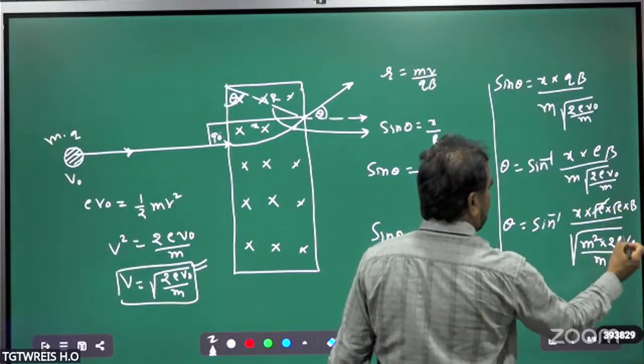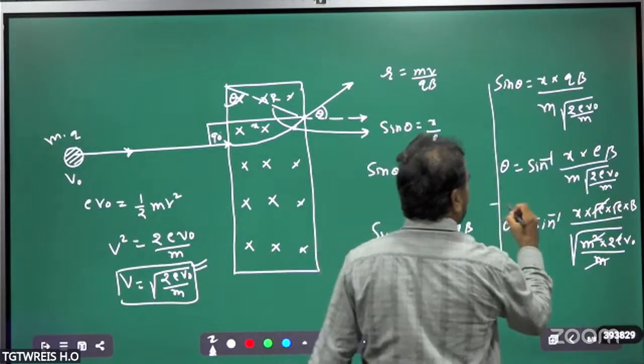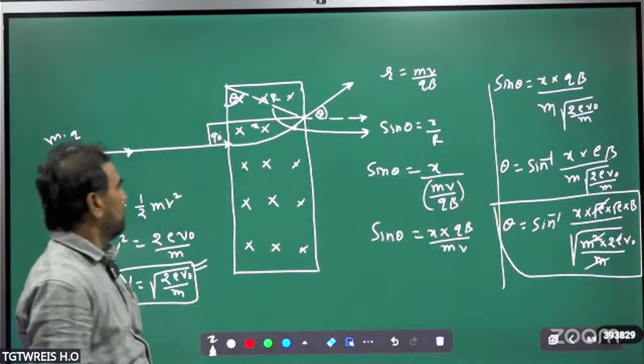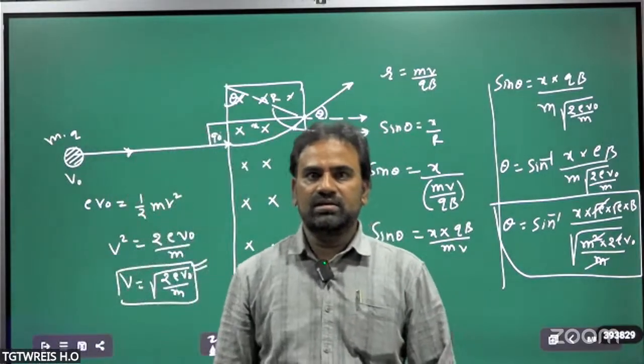One root e gets cancelled out here, one m gets cancelled out here. So this is the angle made by this particle with respect to the original direction. Okay, is it clear?